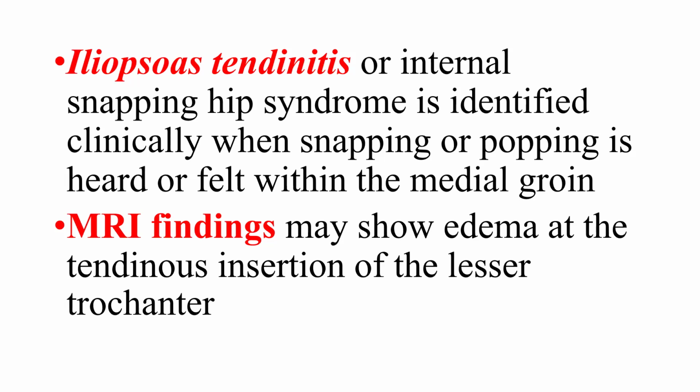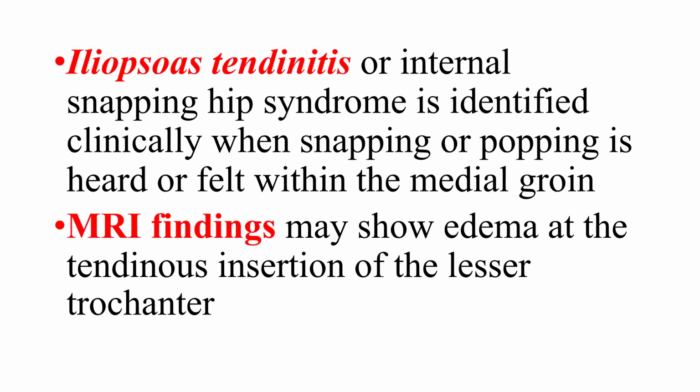The iliopsoas inserts on the lesser trochanter. On testing this hip, if you hear or feel a snap, you should think of iliopsoas tendinitis. MRI findings may show edema at the tendinous insertion of the lesser trochanter in iliopsoas tendinitis.